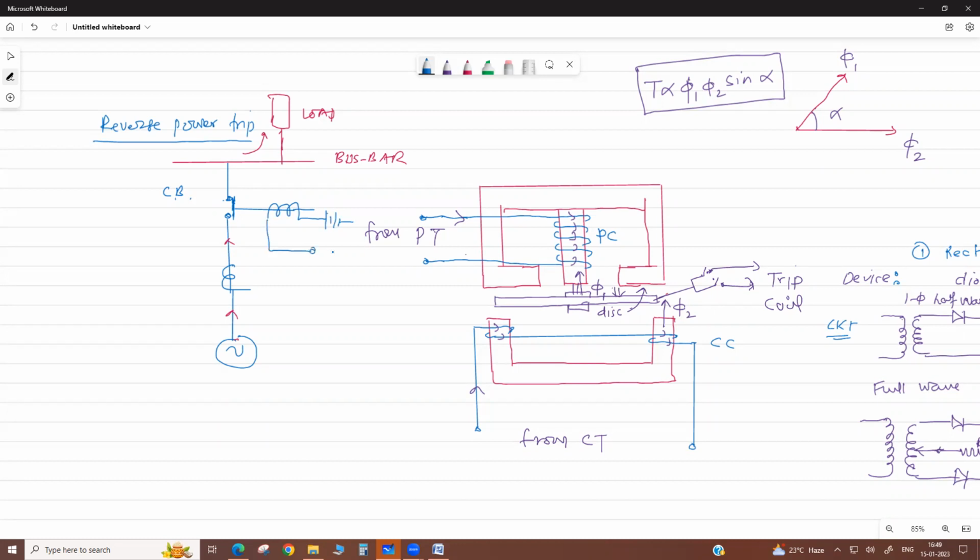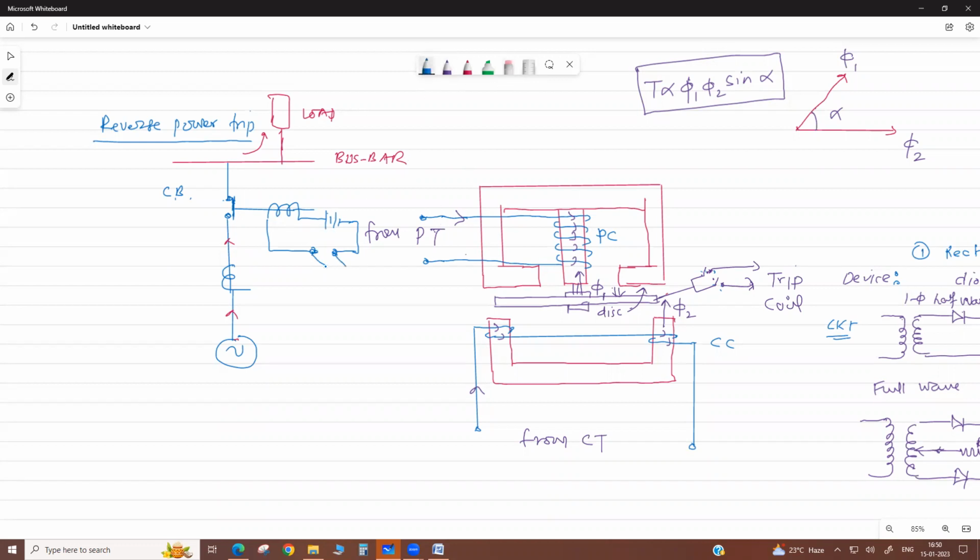Then there is a contactor here, normally closed. The two terminals of the trip coil contacts come here, so they close these contacts.